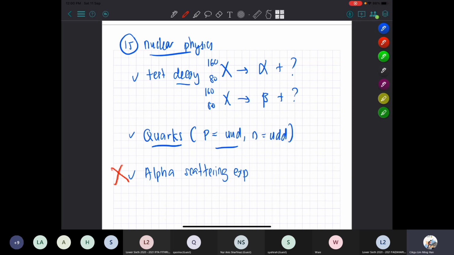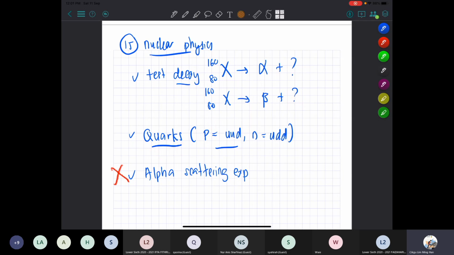What is tested this coming Monday will be decay. So let's say you have an unstable nuclei X 160 80. If it emits alpha, what will be the new daughter nuclei? And if it emits beta, what will be the new daughter nuclei? So something like that will come out.